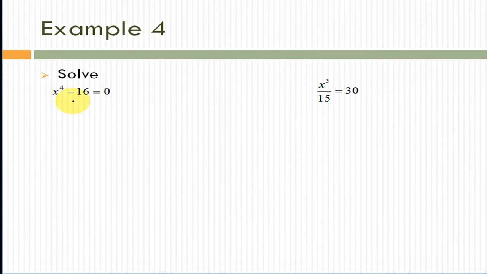Okay, this is the same kind of problem. We want to make it look like this. In particular, we want to move this negative 16 to the other side. x to the fourth equals 16. Even exponent and a positive, therefore we have two solutions, plus or minus the fourth root of 16.